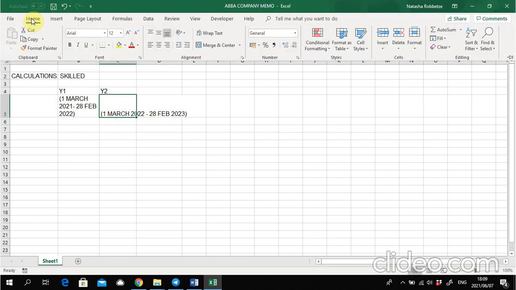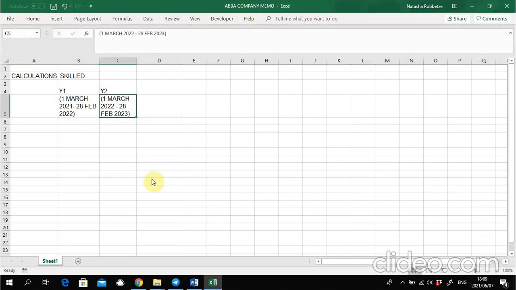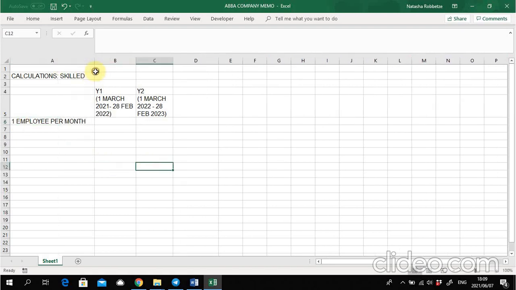Now let's see what information is given to us and how we can use it. So the first information that I see in the question is that they tell us how much each worker earns per month. So I'm just going to say 1 employee per month, right? How much do they earn? Well, they tell us for skilled workers, they have 8,000 Rand a month, but that it escalates by 7% every year. So for 1 March 2022, it's going to increase by 7%.